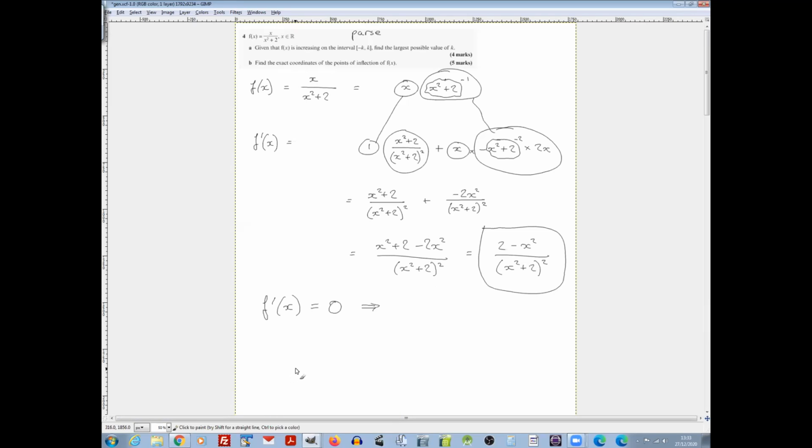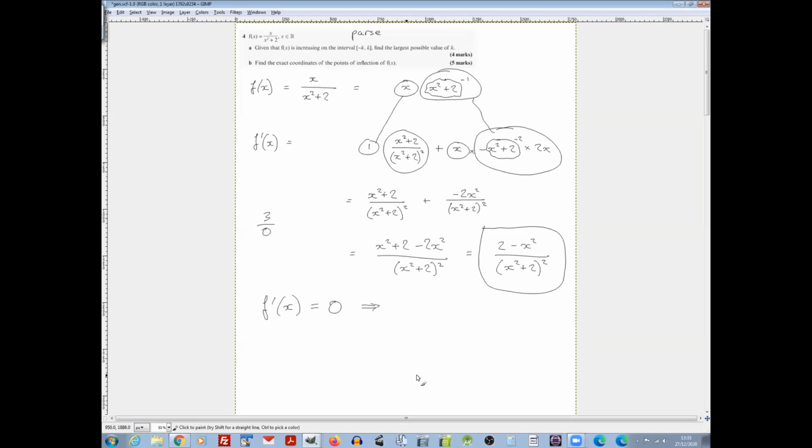It would be trouble if the bottom were equal to 0. If the bottom of a fraction is equal to 0, what happens? For example, what's 3 divided by 0?